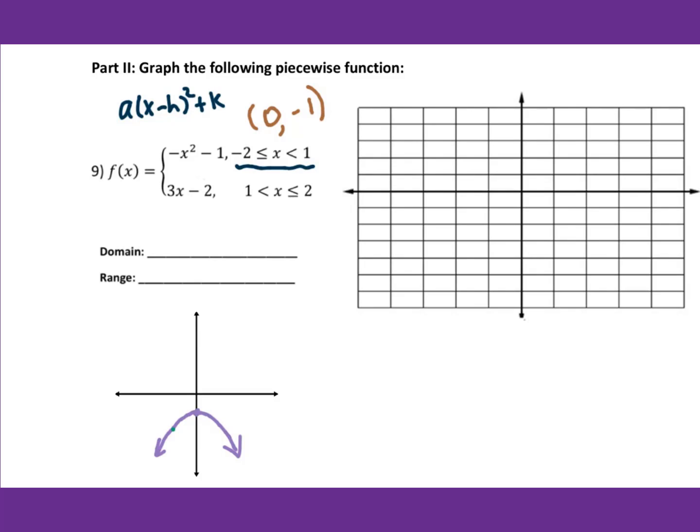Suppose this point is -2, it's a closed circle. 1 is over here. It's an open circle. So basically, this is the graph for the first piece. We need a table. This is x, this is -x squared minus 1.